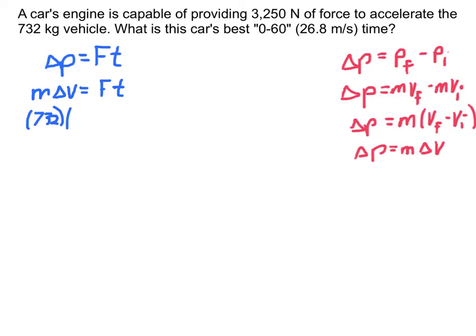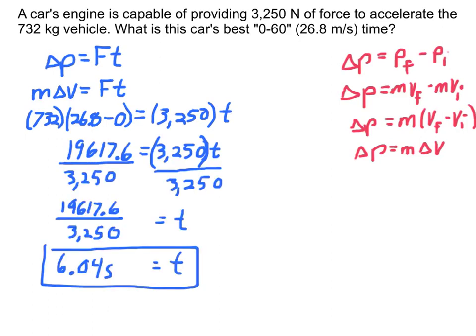Final velocity, 26.8, minus my initial, 0, times the mass, equals the maximum force that I'm using, 3,250, times how long I have to exert that force to get up to my 26.8 meters per second. Whenever I substitute in and solve all the way down, I get a 0 to 60 time of 6.04 seconds. Three significant figures. Notice 3 here, 3 here, 3 here.